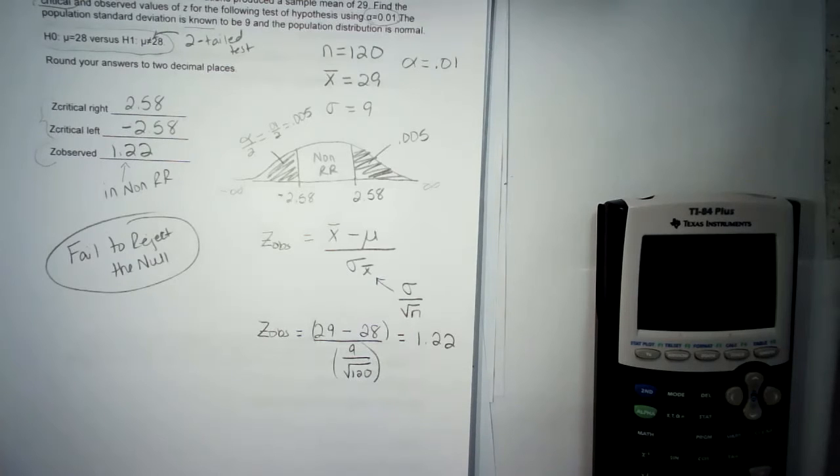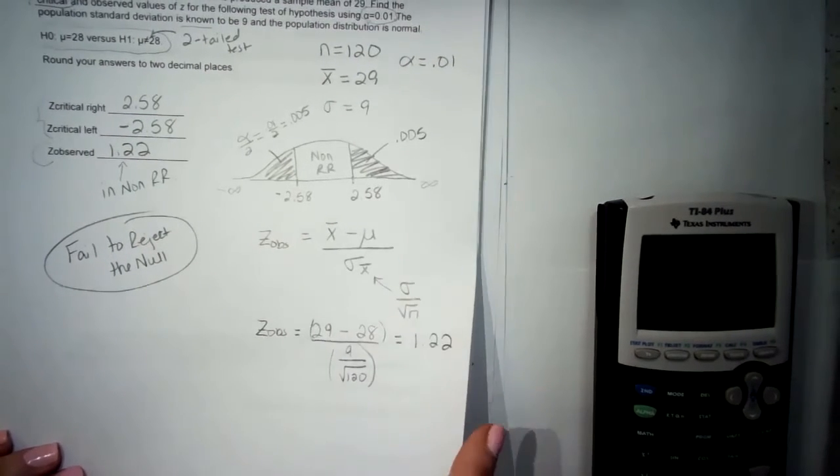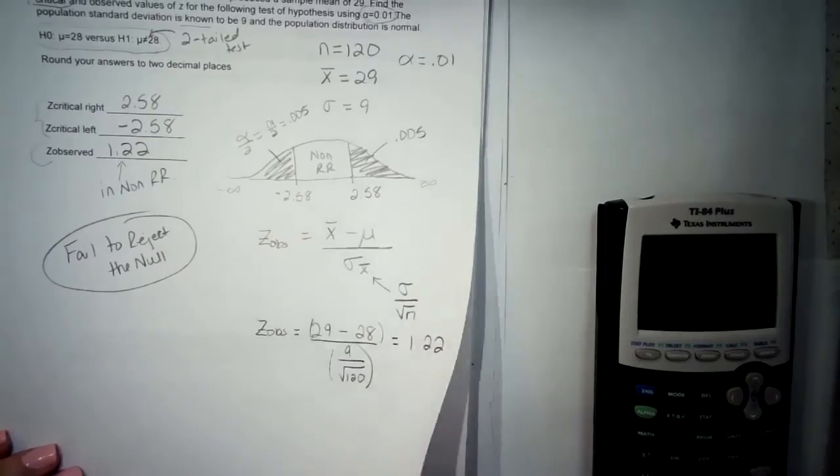Does that sound okay? There's actually A, B, and C. It's like, do you fail to reject? Do you reject? Or do you not have enough information? Don't ever pick that. I don't know why they put that. You always have enough information. Okay, it's got to be one of the other 2. But that's how you run a hypothesis test. Is that okay? Got it?